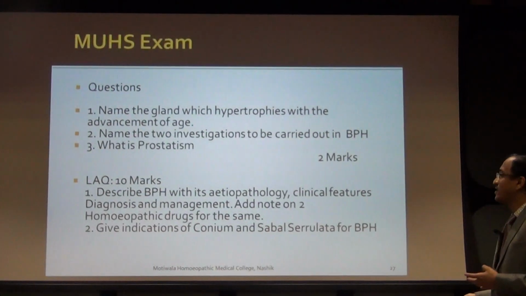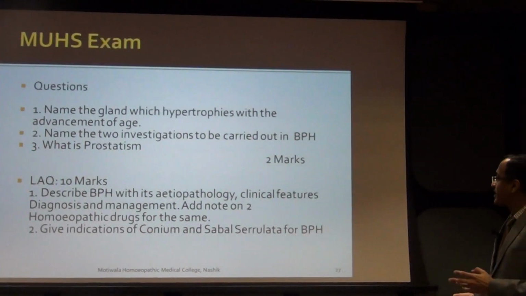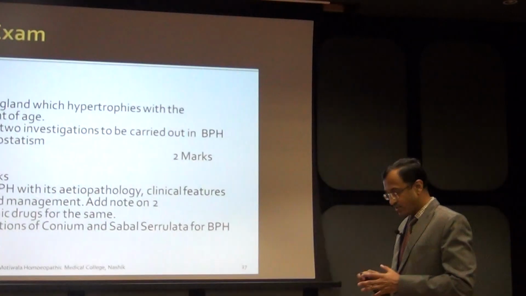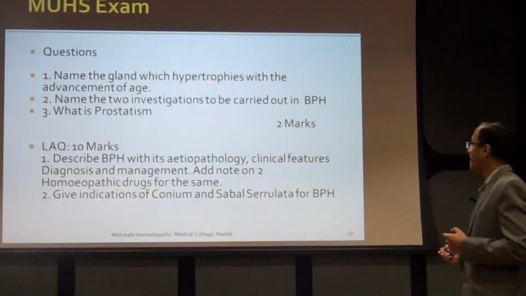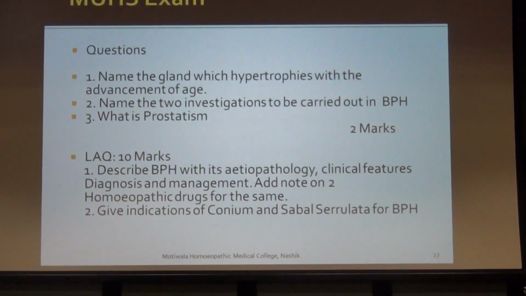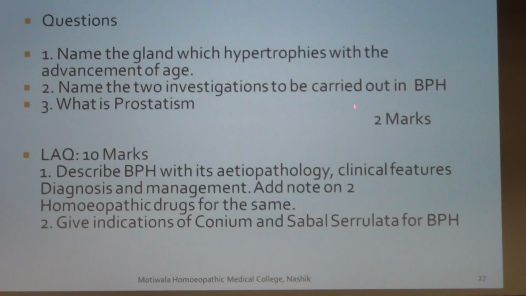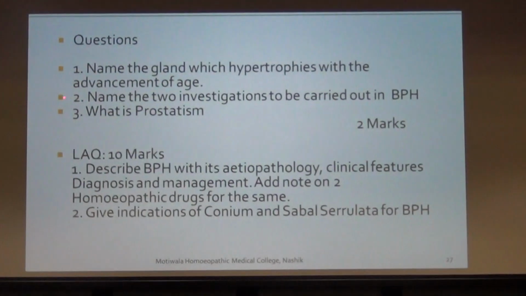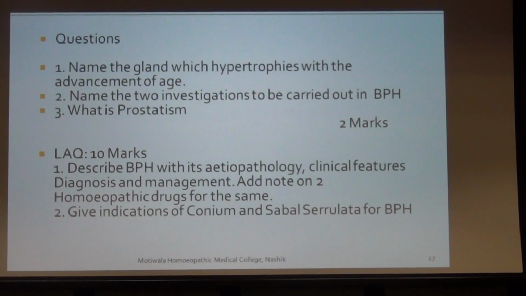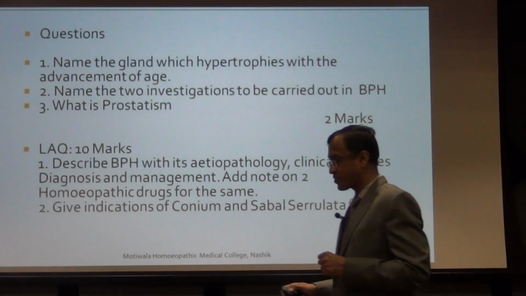Right? In MUHS you will find that various questions related to this topic can be asked, like name the gland which hypertrophies with the advancement of age, and the only gland you will find is the prostate. So for 2 marks you will find such a question. Name the 2 investigations to be carried out in benign prostatic hypertrophy.